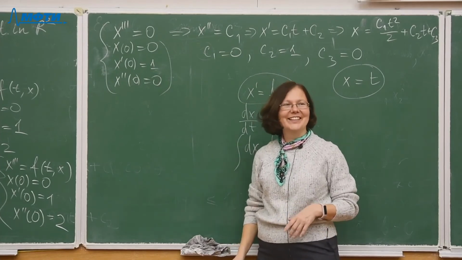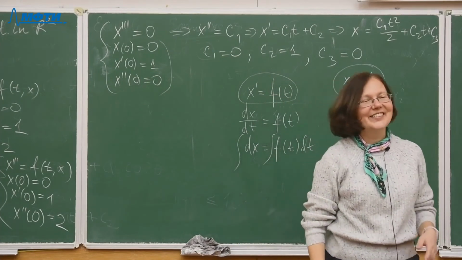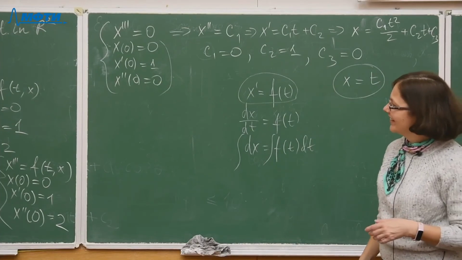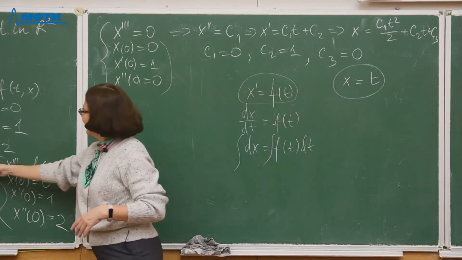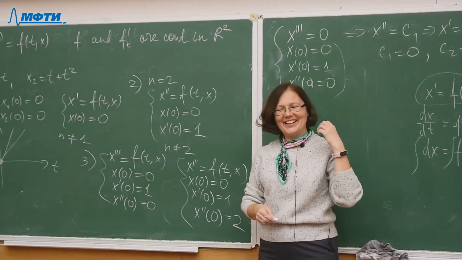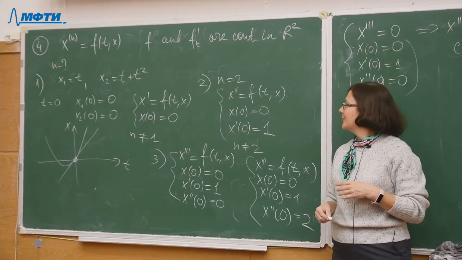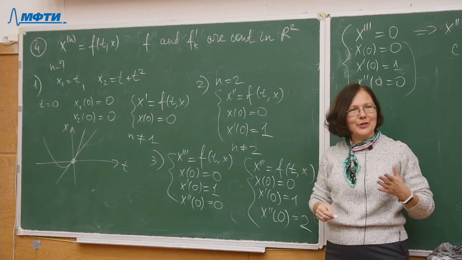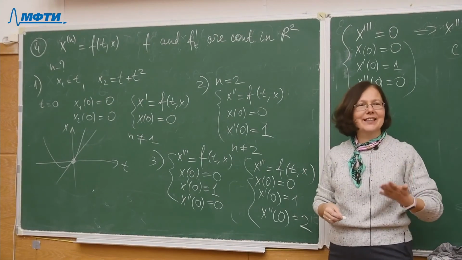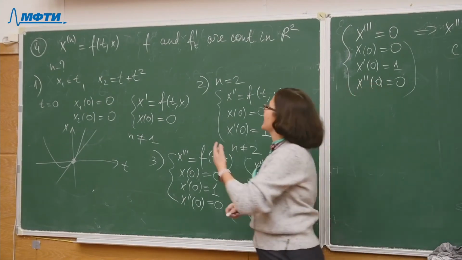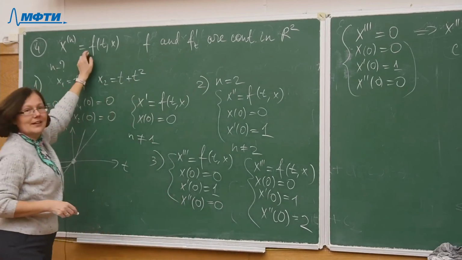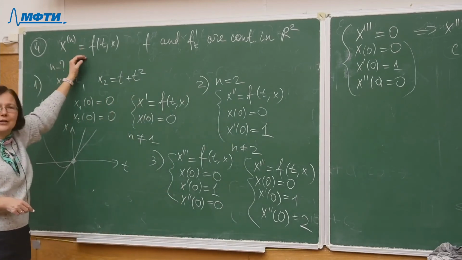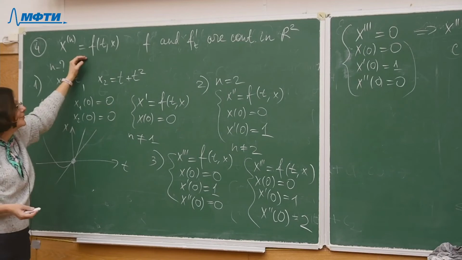Okay, can I ask a question? So for the 3, why do we have 2 separate parts again? Because, let's look at the task. So our task was the following. What was the task? We have this differential equation of order n.